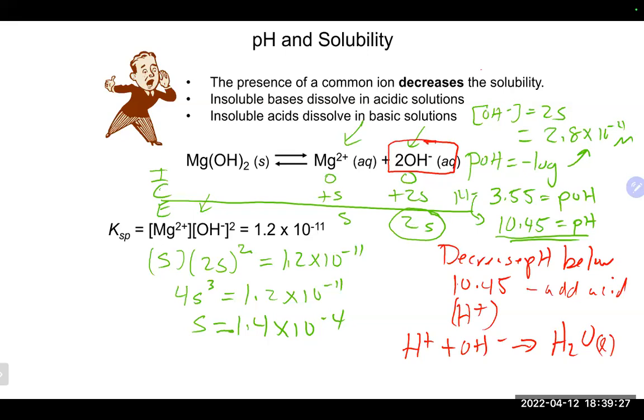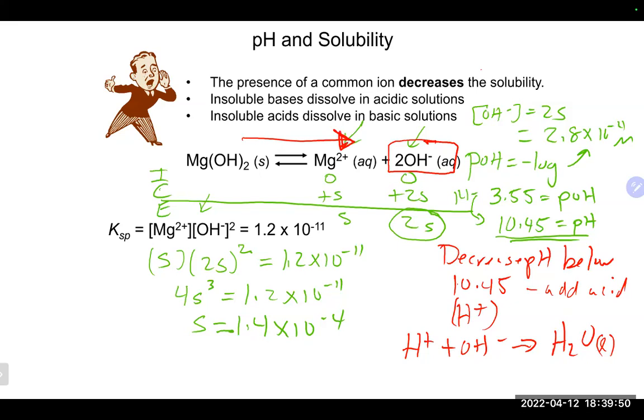Liquid doesn't affect the equilibrium, right? So it's like reaching in there and taking out the hydroxide. If I reach in there and take out the hydroxide, that would be like removing it. Which way would the equilibrium shift? When you remove, it goes towards it, right? So it would cause this equilibrium to shift to the right.